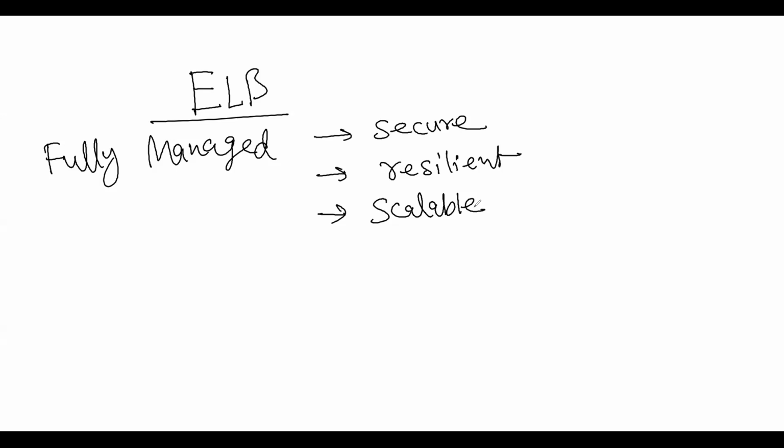So here, scalable means it's usually scaling up, that capability is there. Elastic is something that can go up and can go down also. When we talk about scalability, mostly we talk about increasing the capacity.